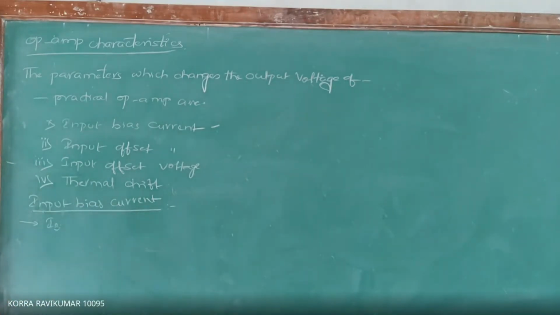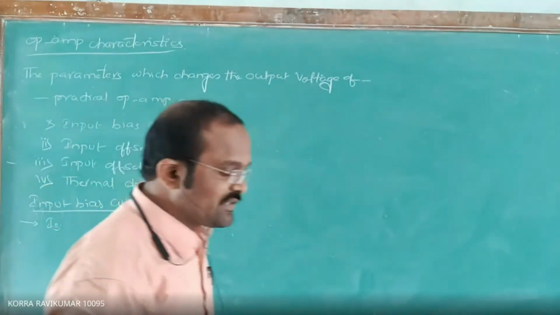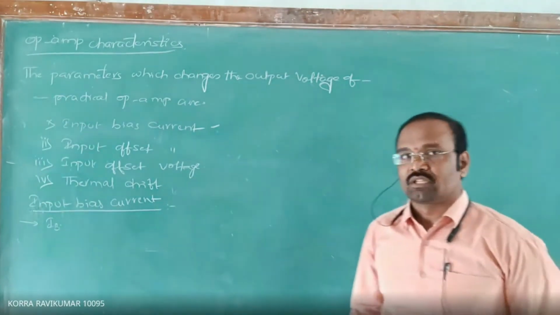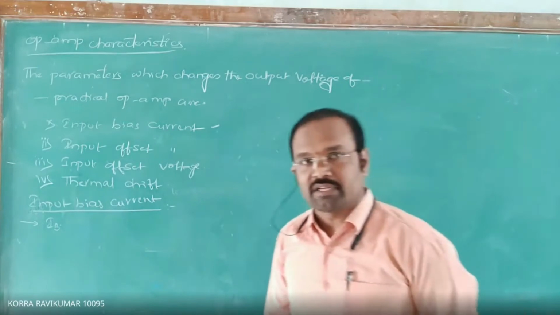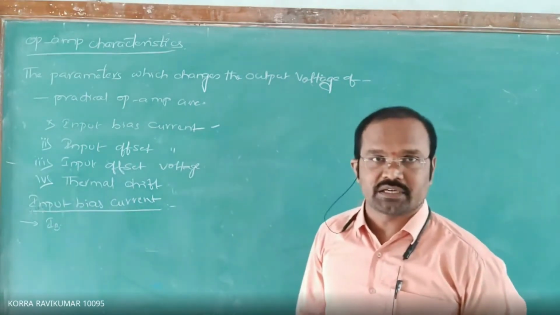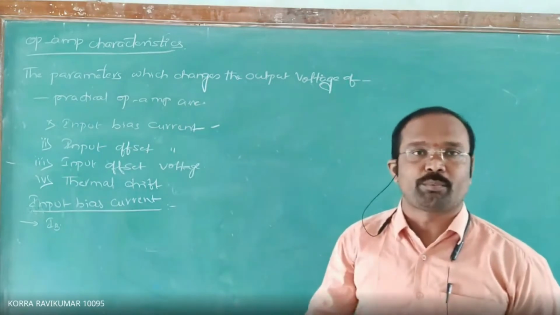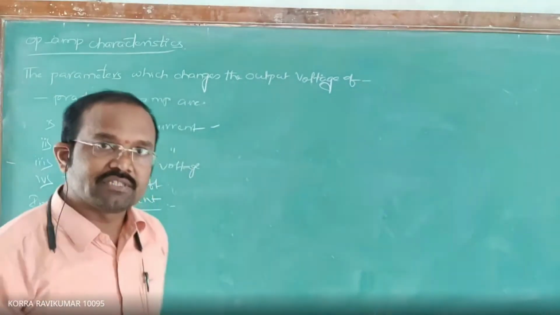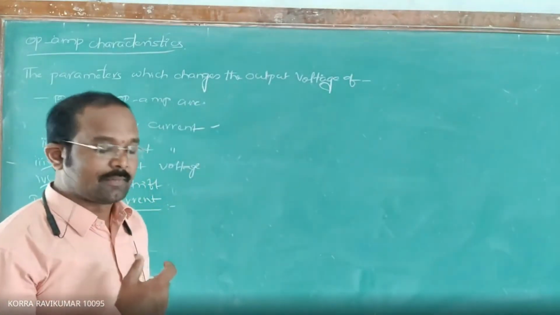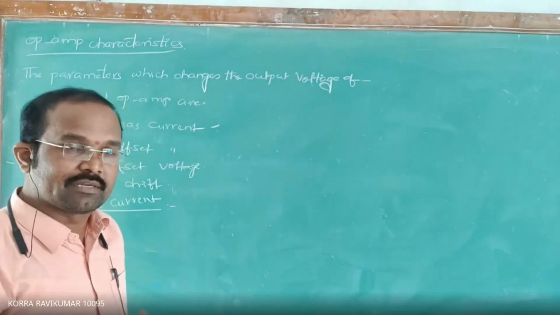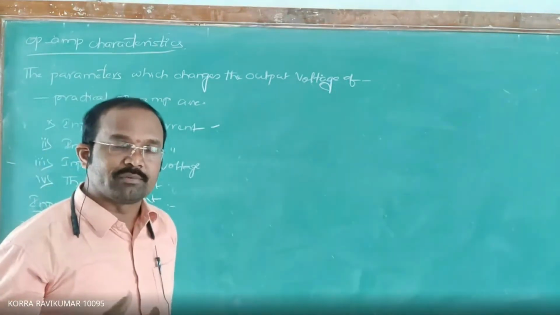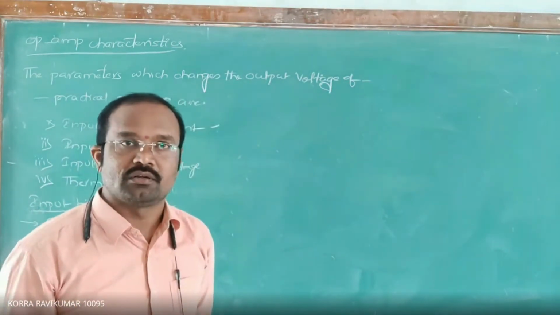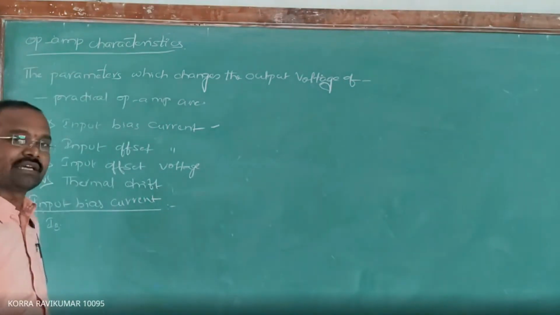And what is the definition of input bias current? It can be defined as the average of the inverting current and non-inverting current which flow into the op-amp.